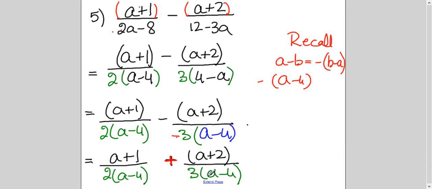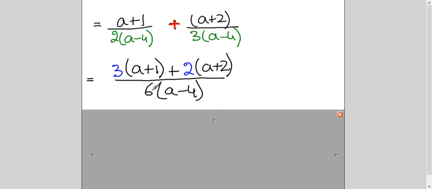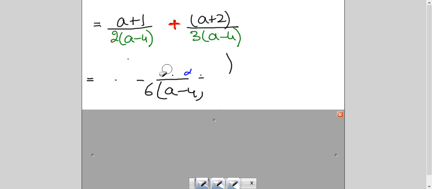Now I will take LCM of this. So when you will take LCM of this, a minus 4 is common and LCM of 3 and 2 is 6. Right? So it is 6. So if I hide this question, for example, if I just hide it here and let me ask you, just give me a second.